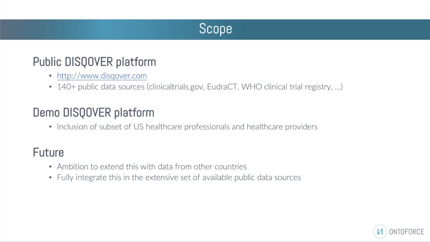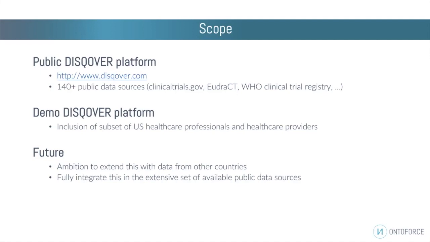So what I will touch today is giving you a brief overview of a public DISQOVER platform, which you can retrieve on www.discover.com. It has more than 140 different public data sources, and a few important ones for the webinar today are clinicaltrials.gov, EUDRA-CT, and also the World Health Organization Clinical Trial Registry, but also support of many other different data sources.